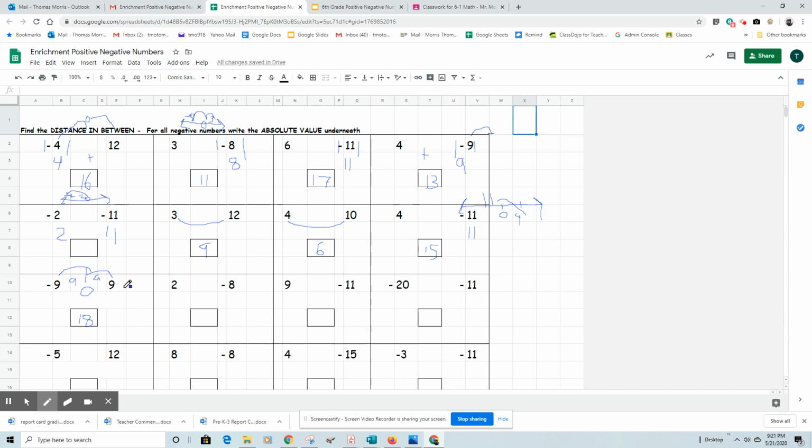I can help you out, but draw that little number line to help you think about which direction you're going. Write that absolute value underneath, and it just helps you see it as 2 positives that you are adding together. And if you have those 2 negatives that we looked at in this one right here, you put the 2 absolutes underneath, and then it's a matter of jumping from one to the next, finding the difference.